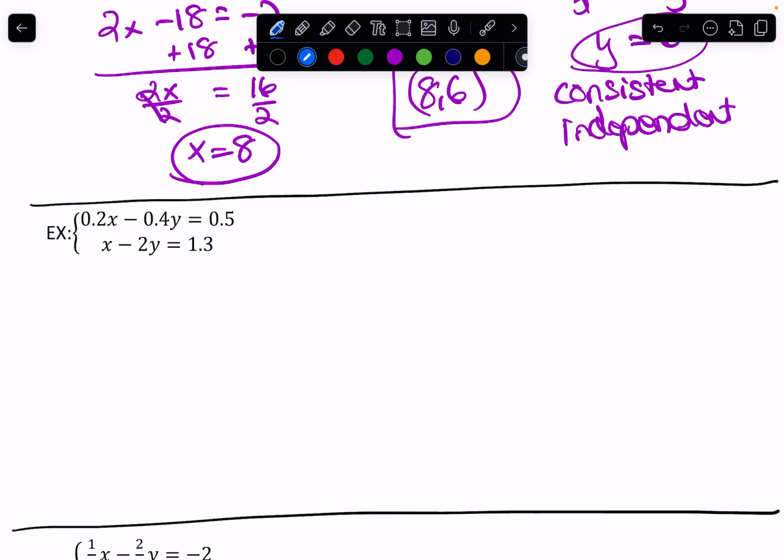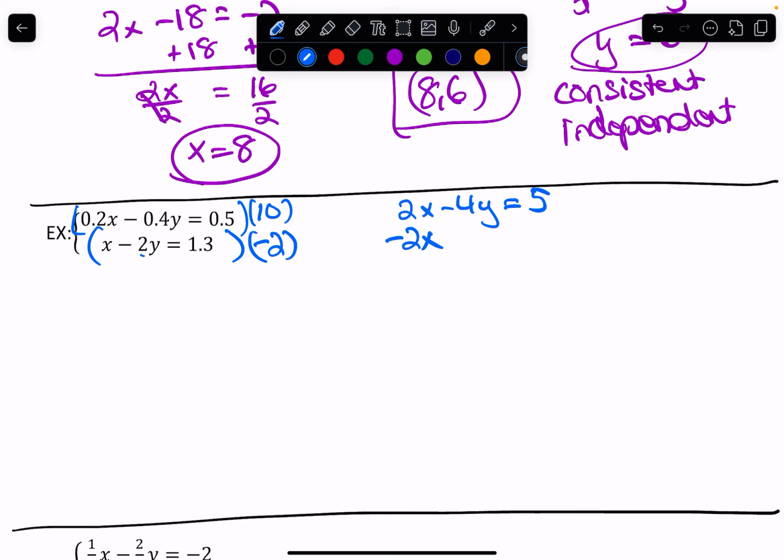Now, I want to get rid of those decimals, so I'm going to go ahead and multiply this top one by 10. So I get 2x minus 4y equals 5 when I do the multiplication. Now, looking at this, I want to multiply the bottom one by negative 2 to see if I can cancel the x's out. So I get the opposite coefficient here.